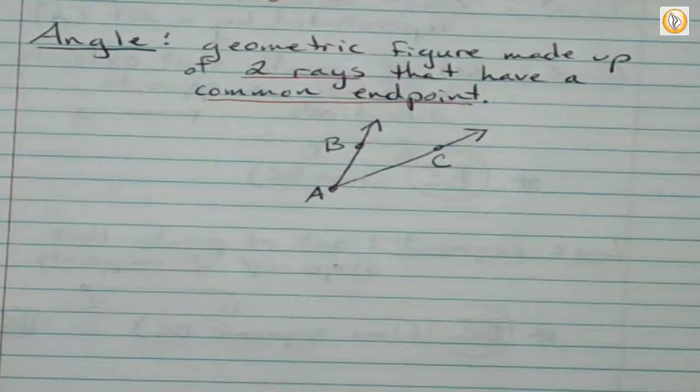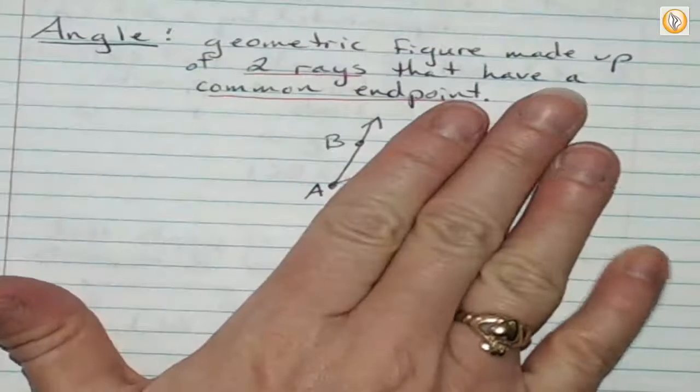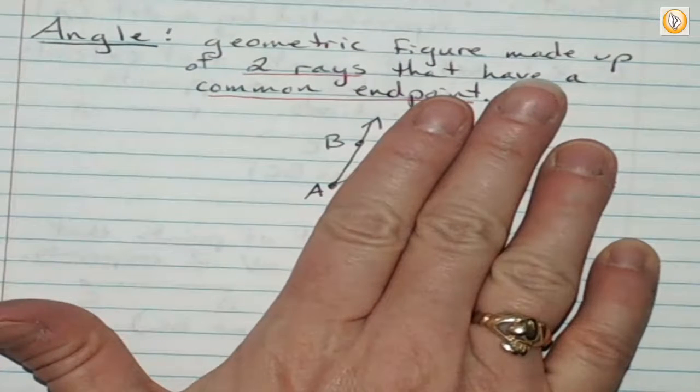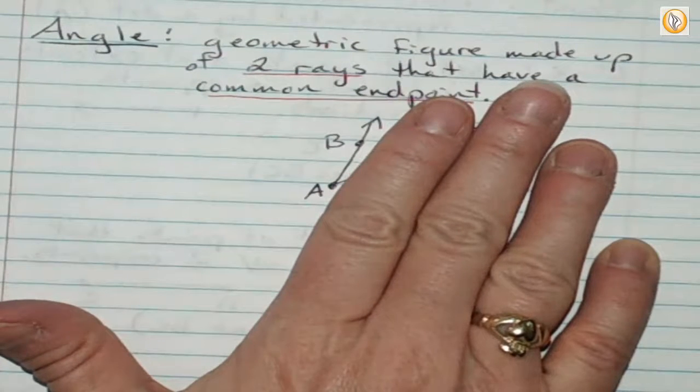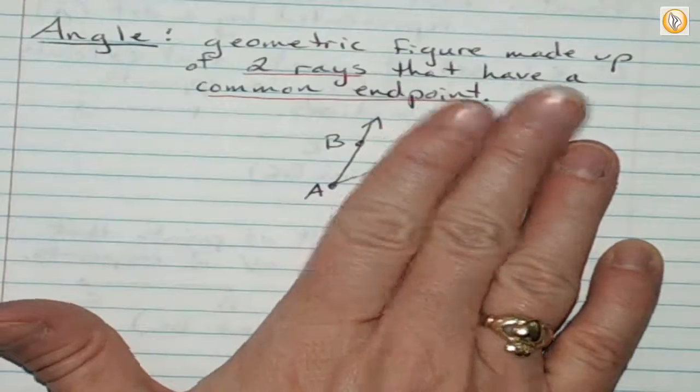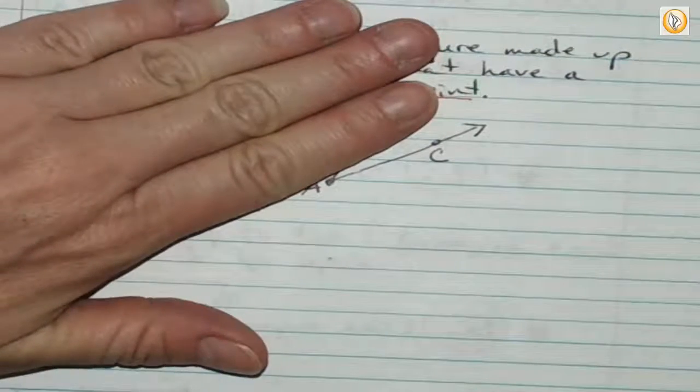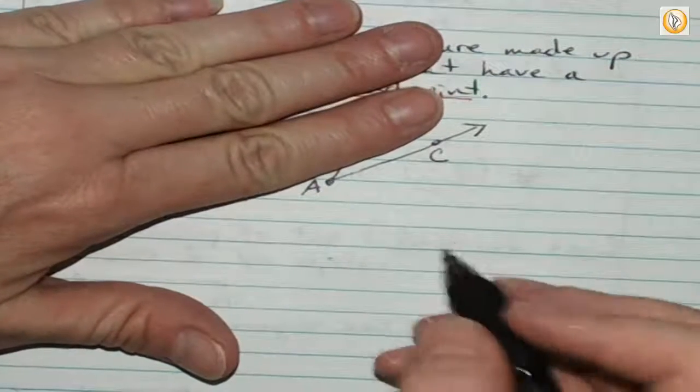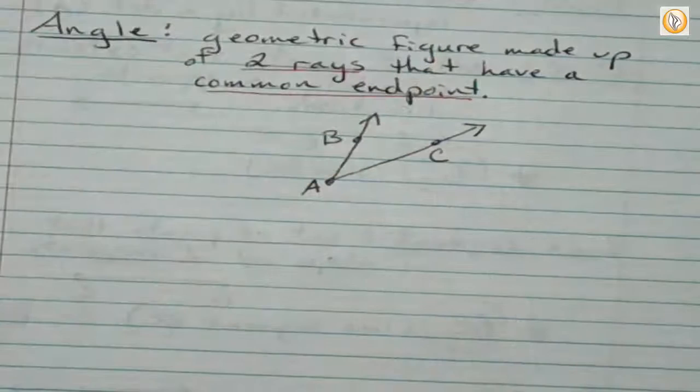So, if you look, you see there's a ray, and A is at that endpoint, right? And here's a ray, and A again is the endpoint. So it's made of two rays that have one common endpoint.